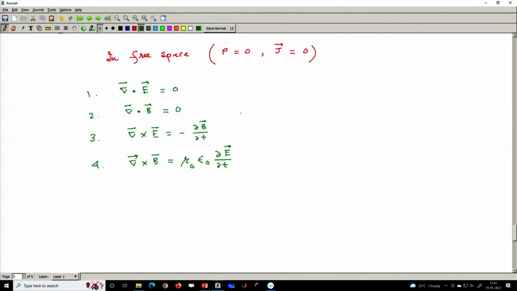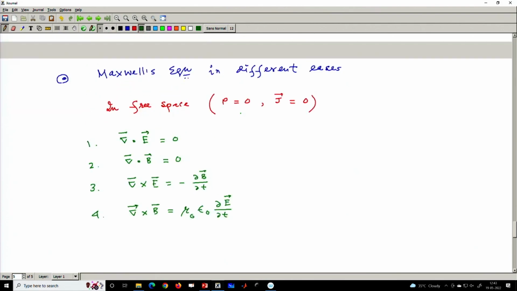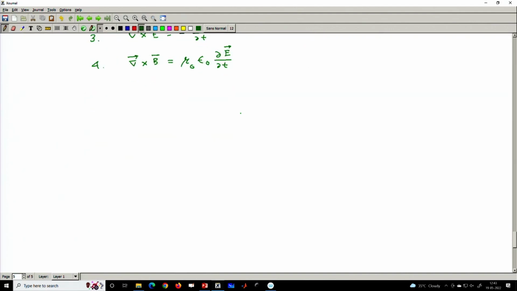Rho and j are 0. These are Maxwell's equations in free space.